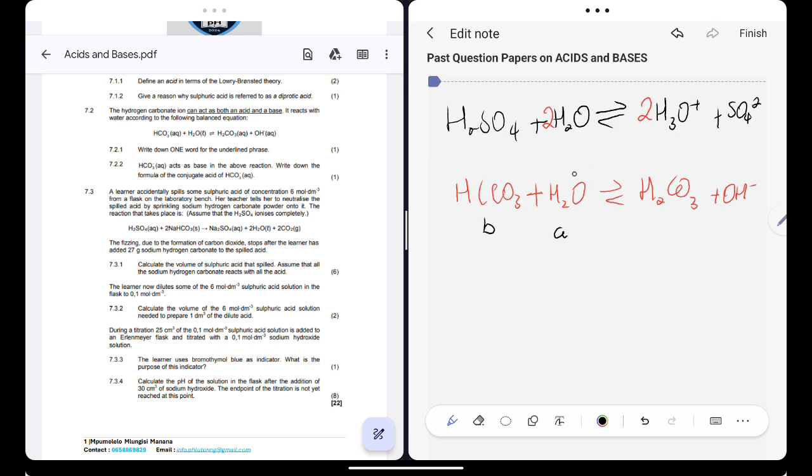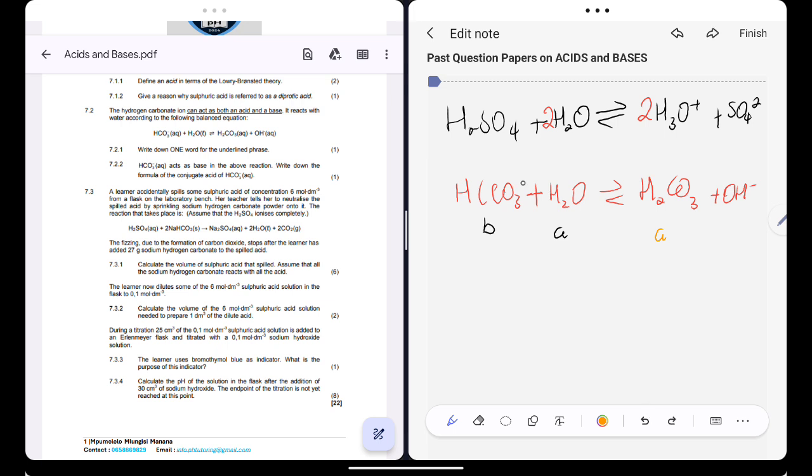Why? It has to donate a proton for it to become OH minus. And then on the reverse reaction, H2CO3 is an acid, because it has to donate a proton to become a hydrogen carbonate.